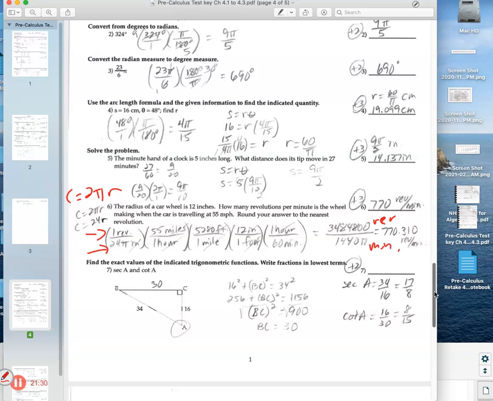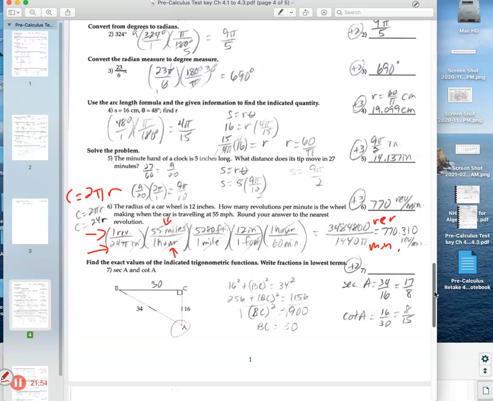When the car is traveling 55 miles per hour, so here's my 55 miles per hour. The other 3 fractions that you see there are conversions so that we can make our way to revolutions per minute. So I already have revolutions in my label. I don't have to mess with that, but I definitely have to figure out how to get my inches, miles, and hours to work out the way that it's supposed to.